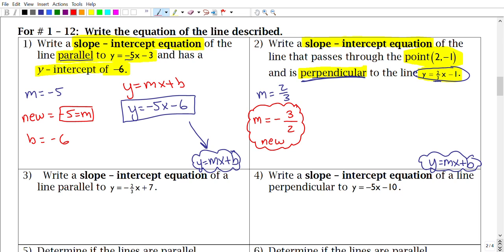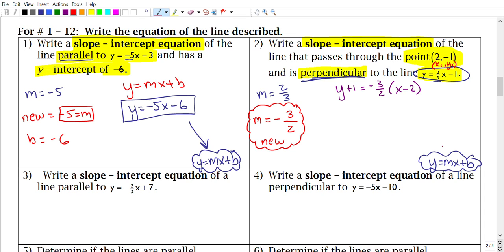Okay, so I have a slope, and I actually also have a point, this x1, y1 right here. So I can go ahead and write a point slope equation. So let's go ahead and write it down. So y minus a -1, which is a +1, equals my slope, x minus my x1, which is 2, so -2.